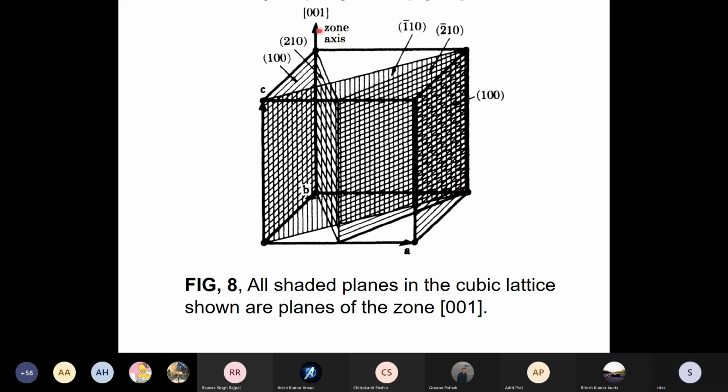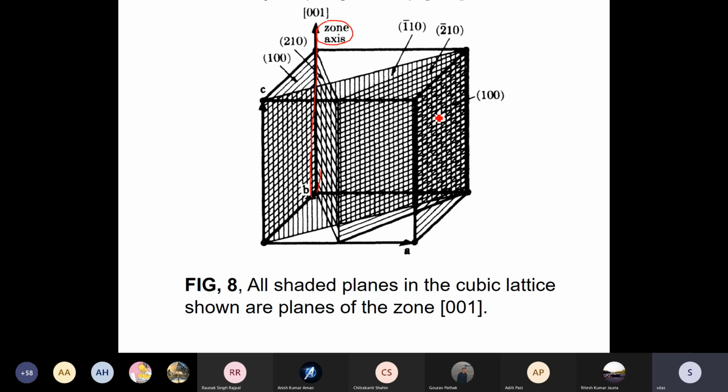So this axis along which all these non-parallel planes intersect each other is called a zone axis. A zone axis. This is called a zone axis. Which one? This plane.